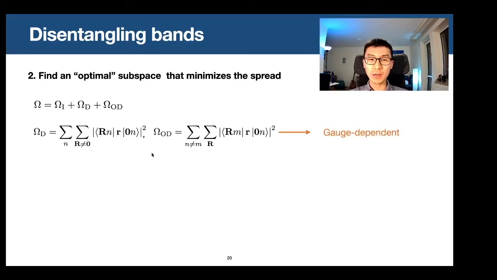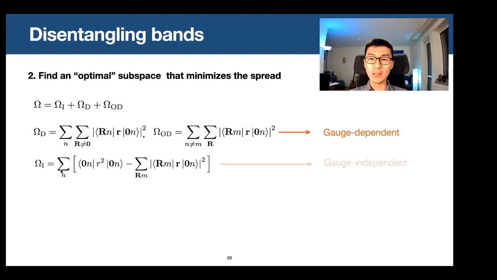It's because these parts are gauge dependent, so they can be minimized by choosing different U. However, there is another part which is gauge invariant, so that's why I didn't introduce this term for insulators. But for metals, because we are choosing the subspace, even the gauge invariant part can be minimized.